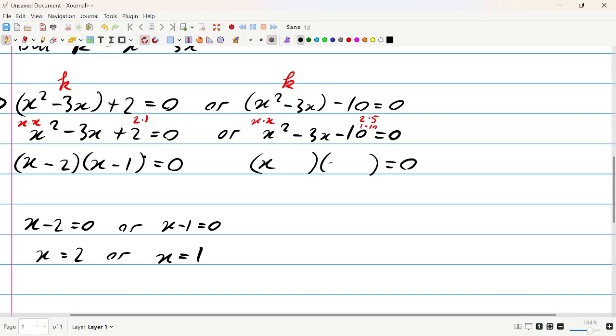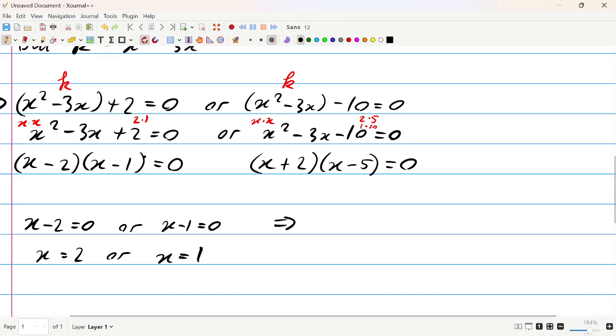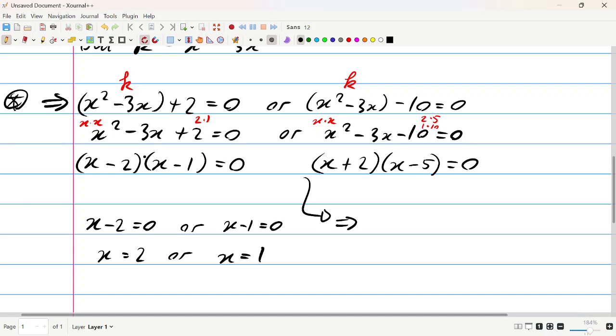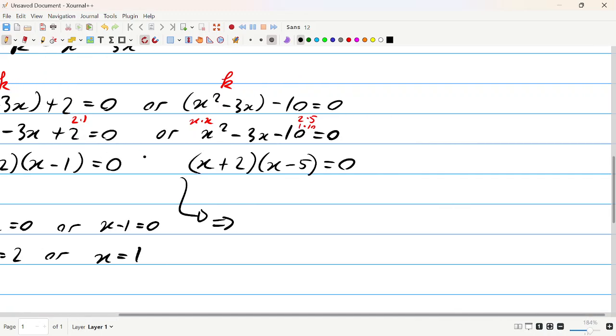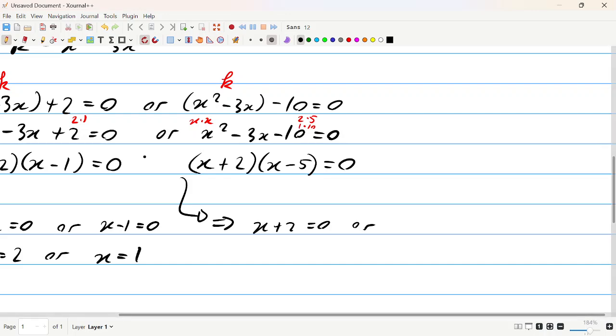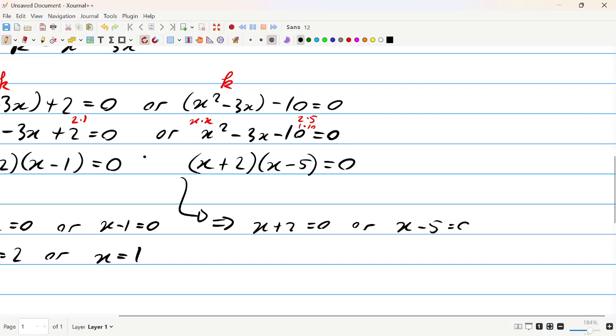And we have x on the left side. We have 2 and 5 on the right side. And then the biggest value gets the first operator. Negative and a negative gives a positive for the remainder. Okay. And then this implies to us here. So let me do that. And then for this one, I'm going to say over here that we are going to have x plus 2 equals 0, or x minus 5 equals 0.